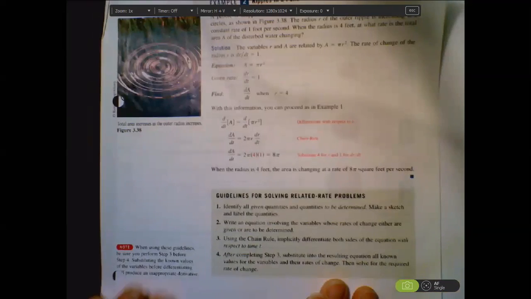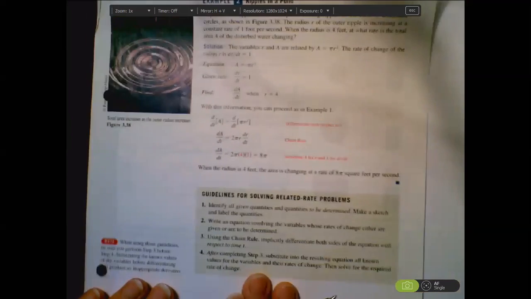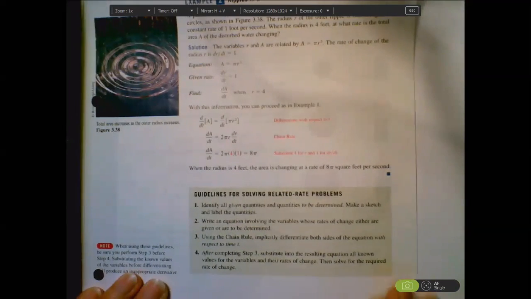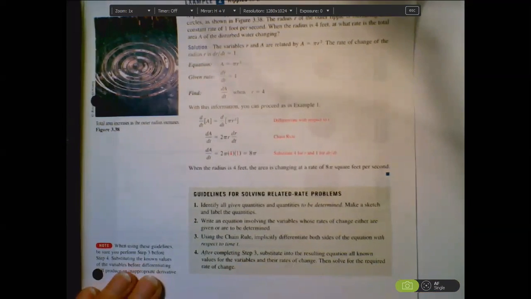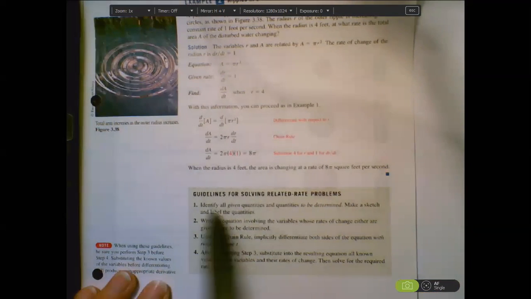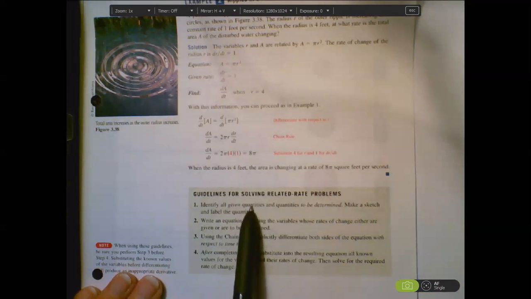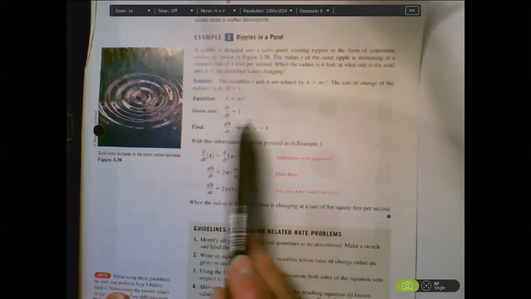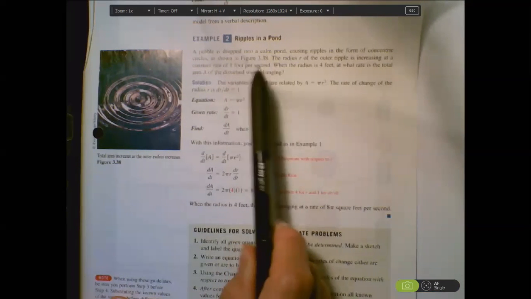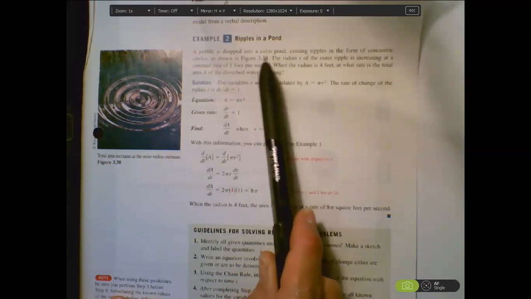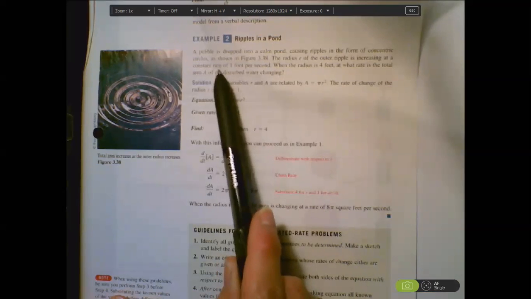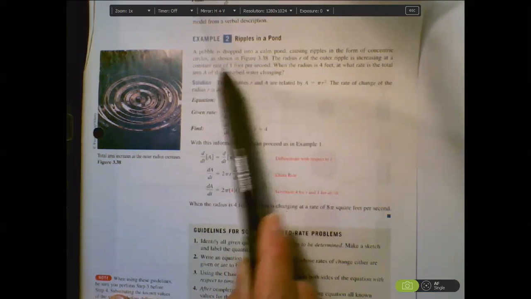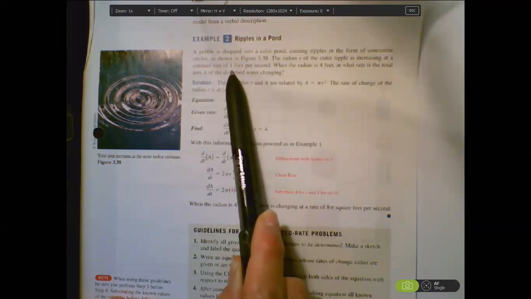All right, so this is where we'll wrap it up for today. This gray box is the steps that we're going to use precisely. We're going to identify all given quantities and quantities to be determined. We're going to say, if you give me, let's see, the radius is increasing at a constant rate of 1 foot per second, I have to know what symbol to use for that.